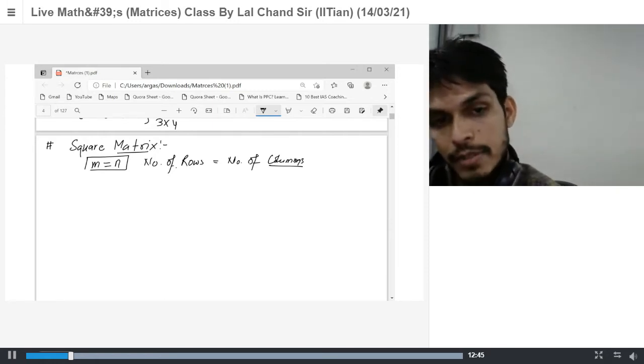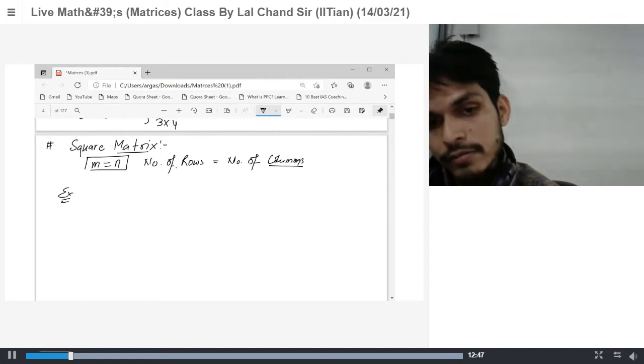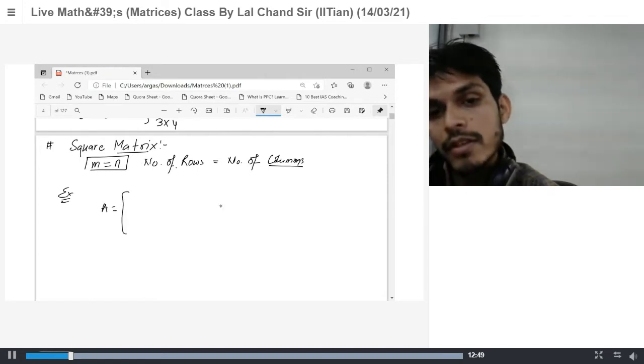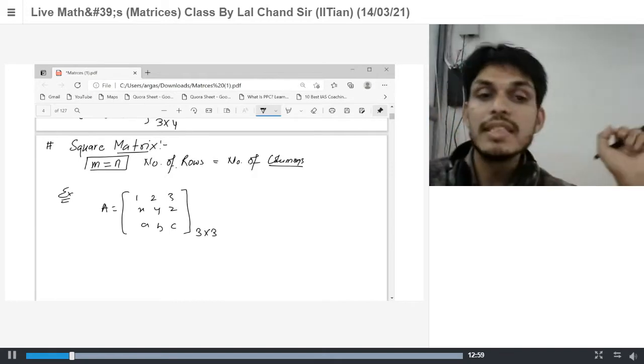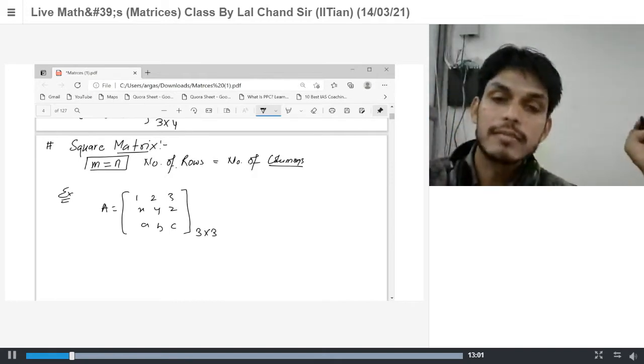For example, I can write down 1, 2, 3, X, Y, Z, A, B, C. This is basically 3 cross 3. So we have 3 rows and 3 columns. This is an example of a square matrix.